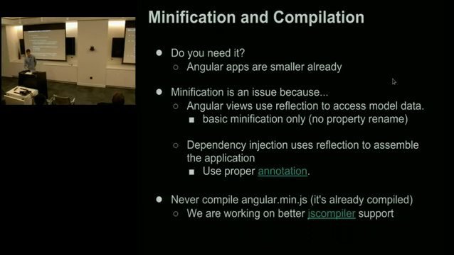The first is that views use reflection in order to access the model. So when you reference a property inside of your view, such as having a double curly brace expression and doing something in there like item.name, it is very important that those properties exist exactly as they are written in the view in your model.